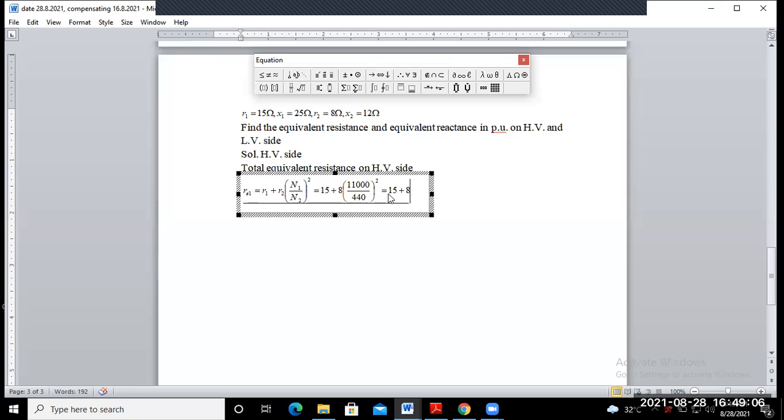So we write here 25 whole square equal to 15 plus 8 into 625.